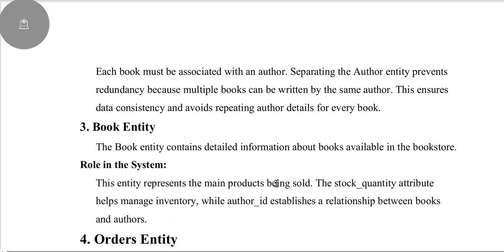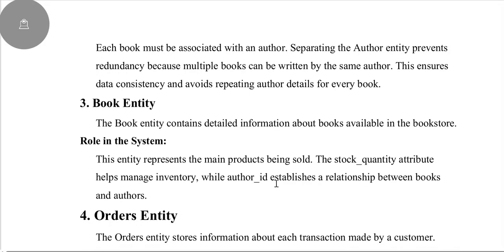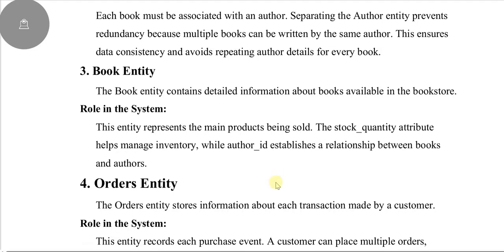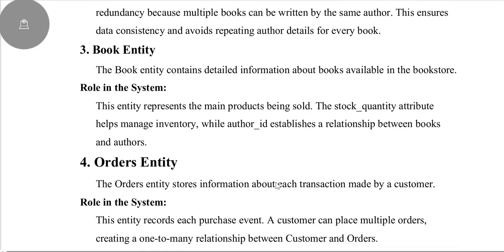The book entity contains detailed information about books available in the bookstore. The role of this book entity is to represent the main product being sold. The stock quantity attribute helps manage inventory, while author ID establishes a relationship between the books and the author.